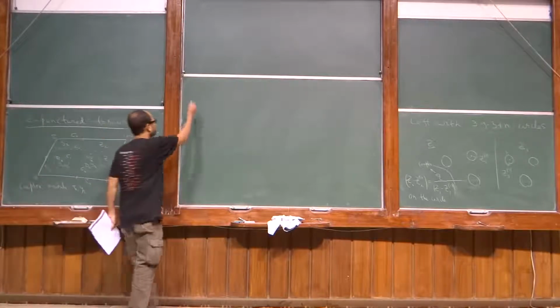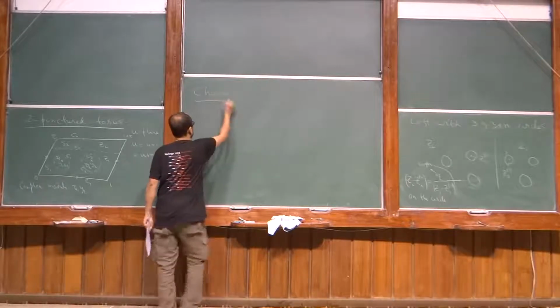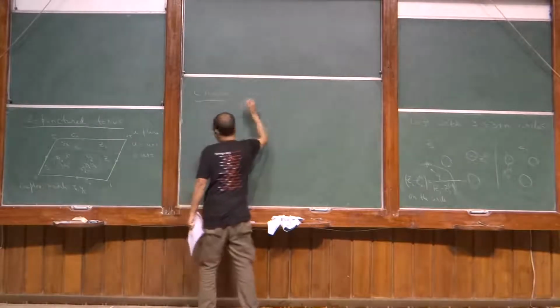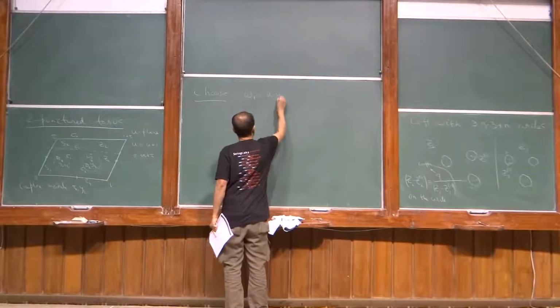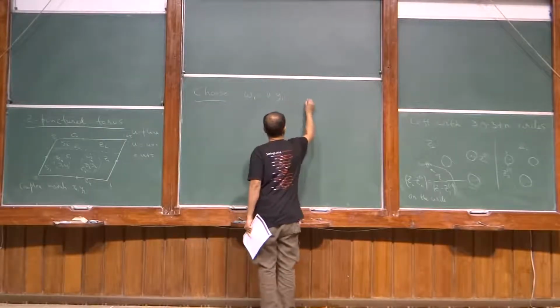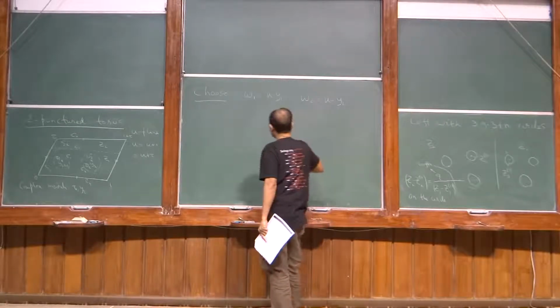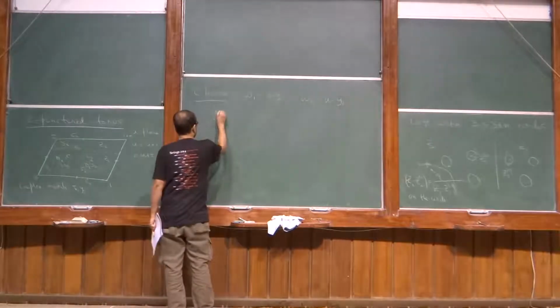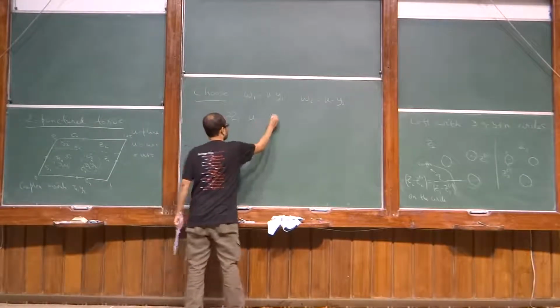You will choose W1 equal to u minus y1, W2 equal to u minus y2, Z1 equal to u, and Z2.